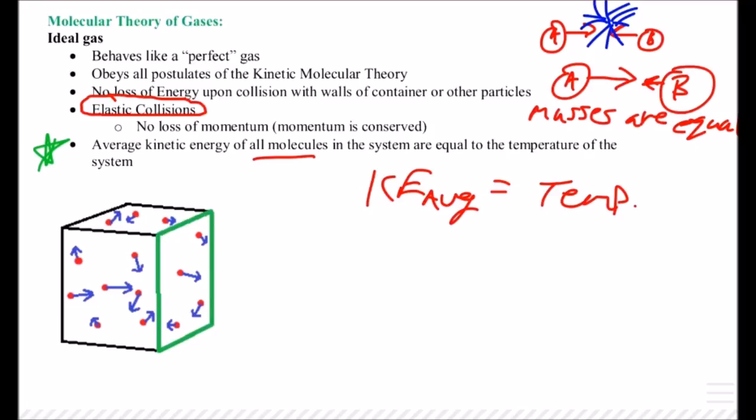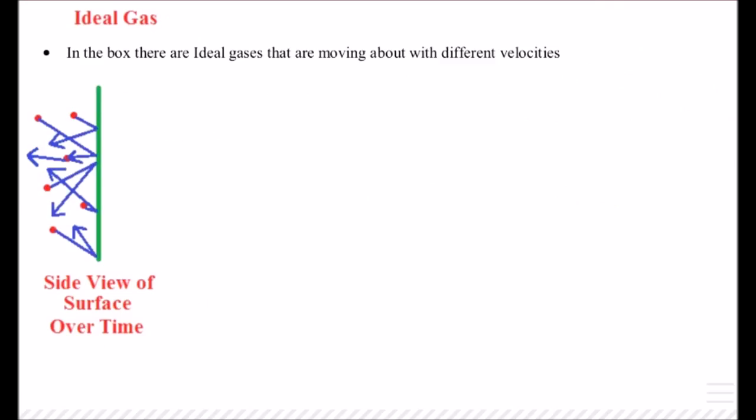Now, let's focus in on just one wall of the container here and talk about momentum, okay? Let's look at a side view here. Again, we're still talking about ideal gases.